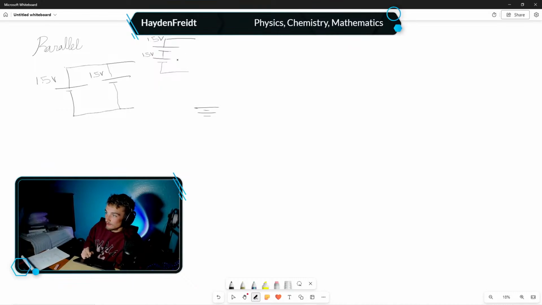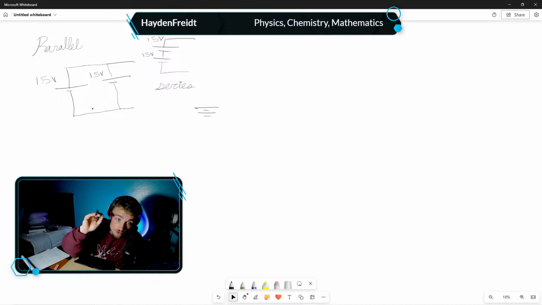Okay, so that's parallel, and then this one is series. So parallel and series. When you have batteries in parallel, and this goes for any component, they act in a particular way. Resistors act in similar ways to batteries in regards to their orientation, such as series or parallel.